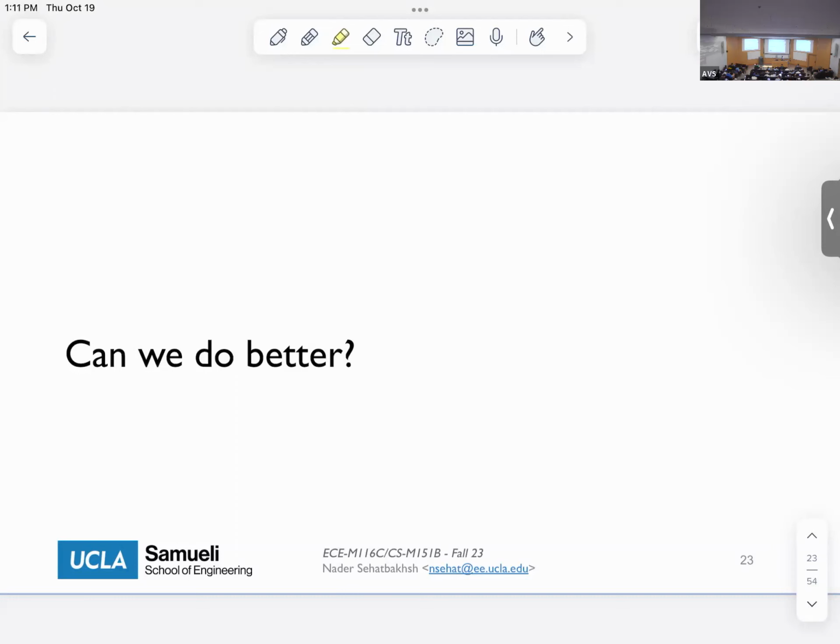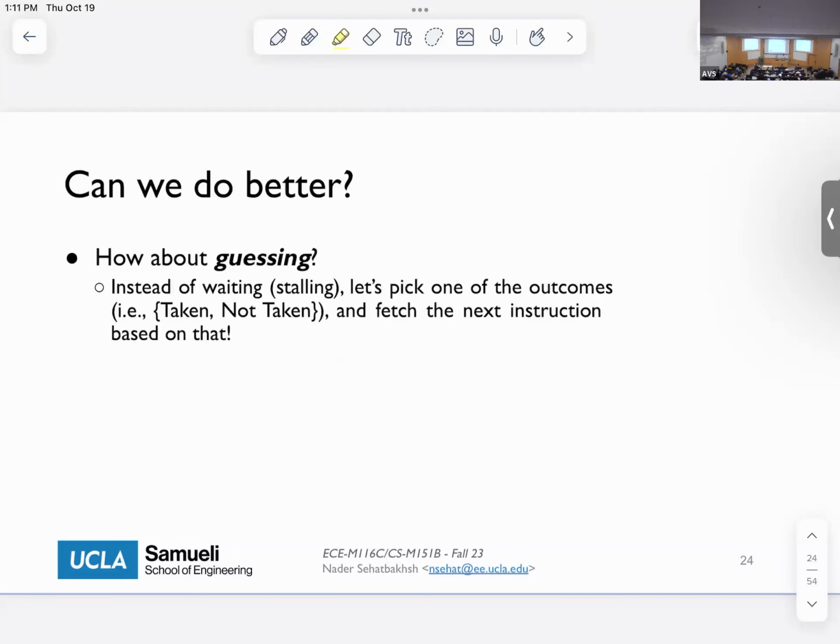So let's see how. The first thing that we're going to do is this idea of what we call guessing or speculation, okay? Instead of waiting for the processor to know whether it's jumping or not jumping and then making a decision, let's do this trick: let's say for now, just a random pick, that the branch is not going to be taken, okay?